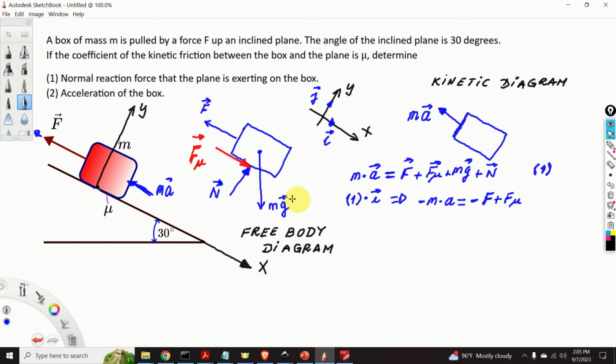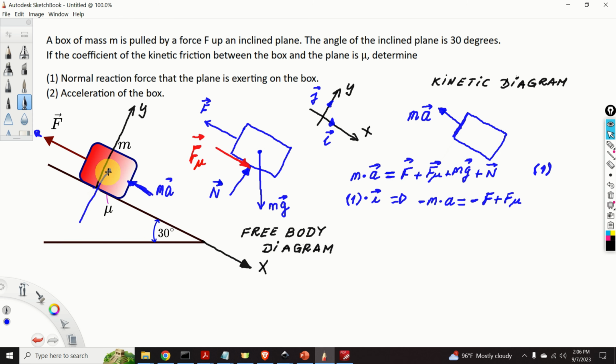How about other forces? N doesn't have a projection on the x-axis, so it's 0, and we have the force mg. What is the projection of the force mg on the x-axis? We need to figure out this angle over here. Let's analyze this diagram over here. Over here is the center of the box.